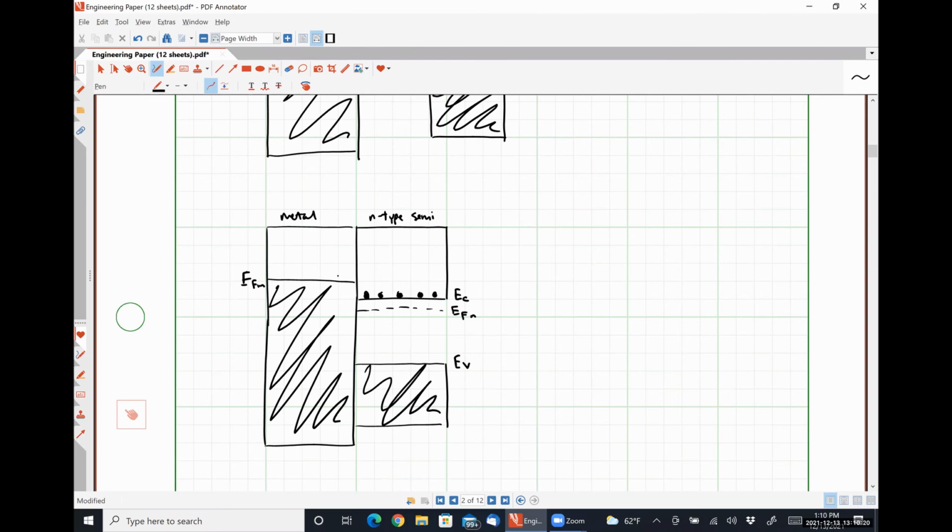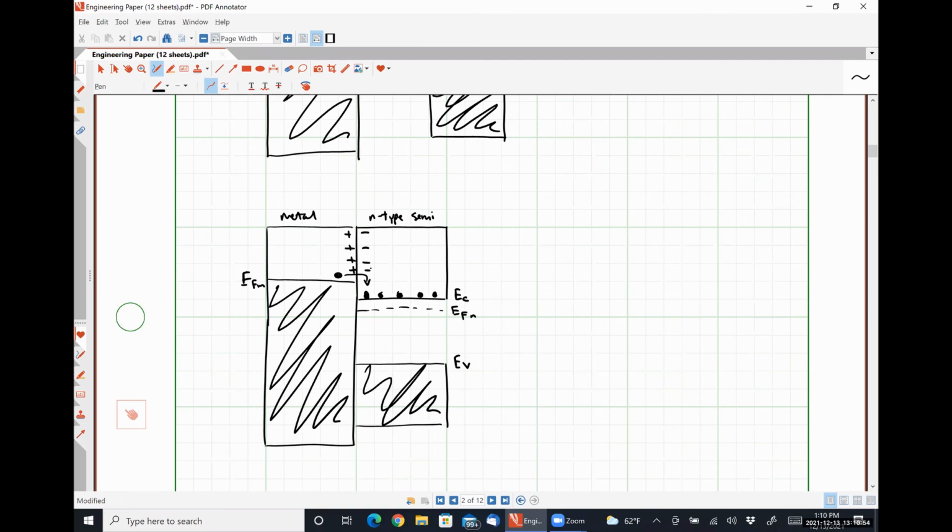So we should see that electrons from the metal want to move to the semiconductor material. As electrons move, the metal is going to get a positive charge, and the semiconductor material is going to get a negative charge.